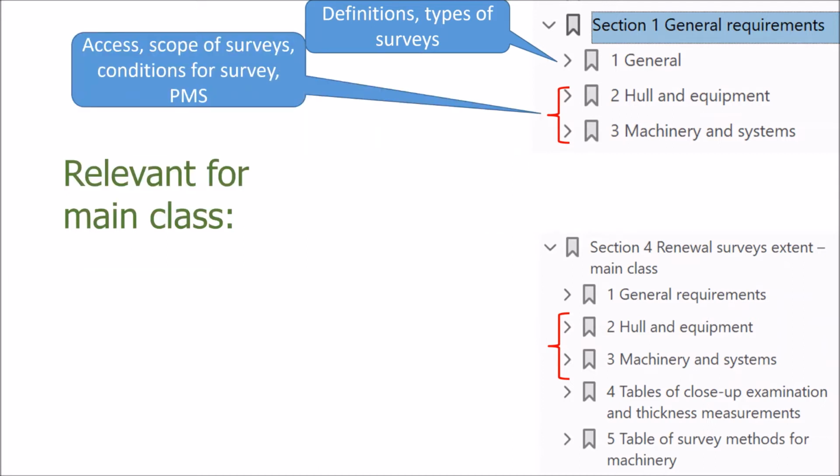You're supposed to provide access if you work on a ship for a class surveyor so he can climb into the tanks, and you should make it clean enough so he can see the surfaces for corrosion and such. You should also prepare the machinery and systems so they are clean enough for him to check. If you know what to expect, it makes the survey much better.